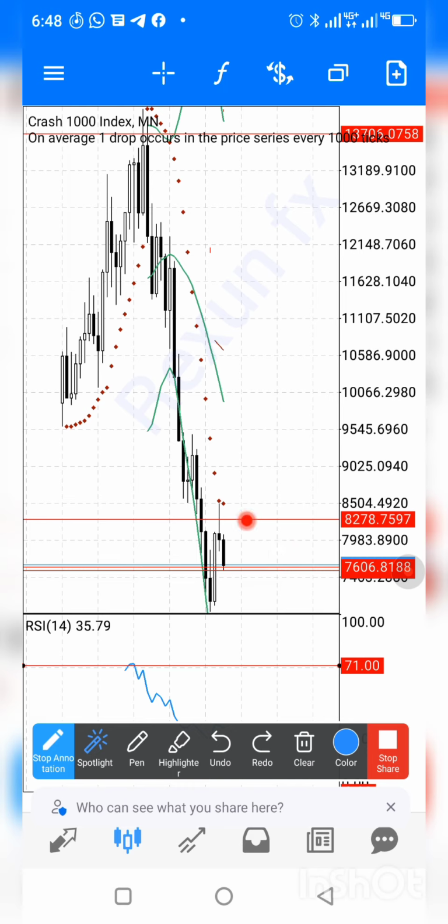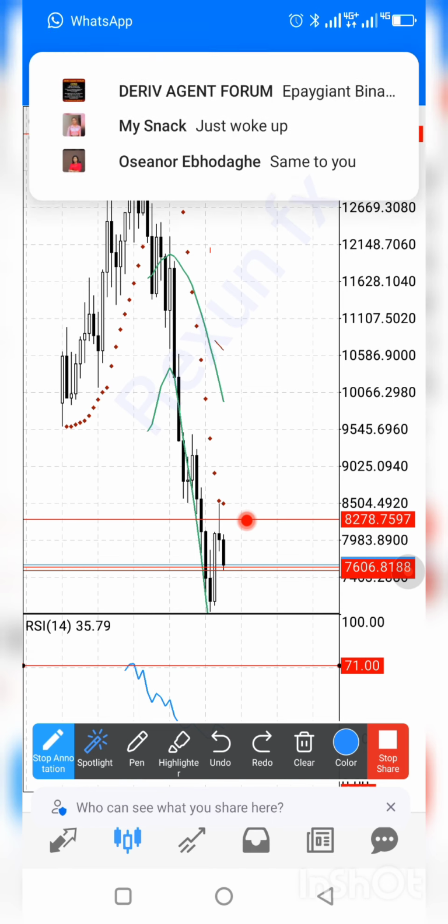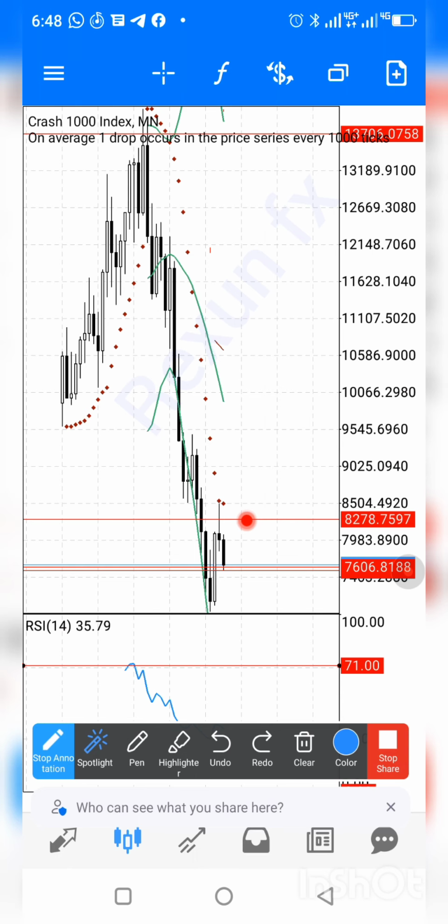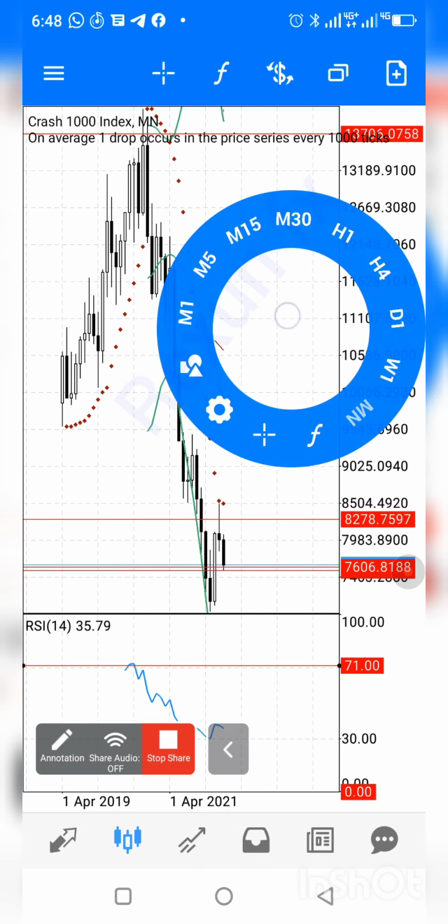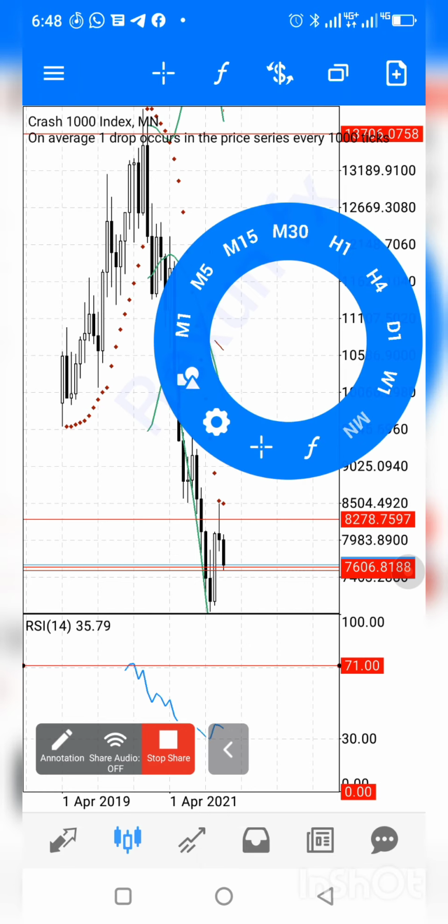That is why it's important that you measure your lot sizes according to your account size, right? You use dollar cost averaging, break into pieces, so as to give yourself a chance to take the best possible trade in the market. So that's about the crash 1000.